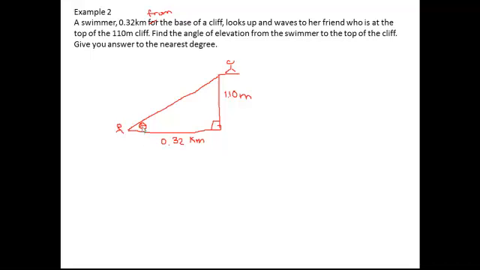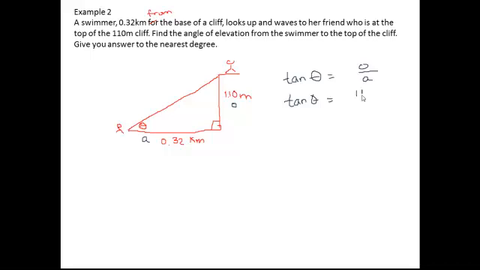Okay, so let's label our sides. So the angle we want is here. So we've got the opposite and we've got the adjacent angle. Okay, so same as the last example, we're going to use the tan ratio. So the tan of theta is equal to the opposite over the adjacent. And we're trying to work out theta.